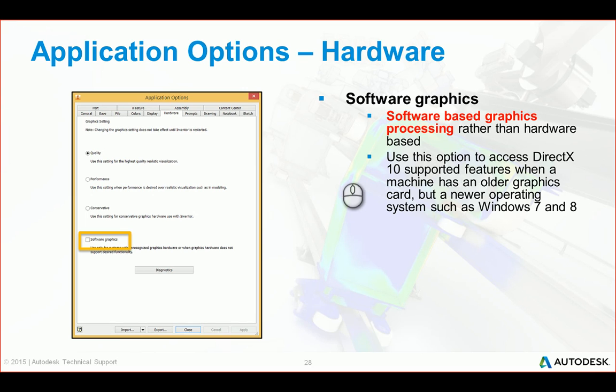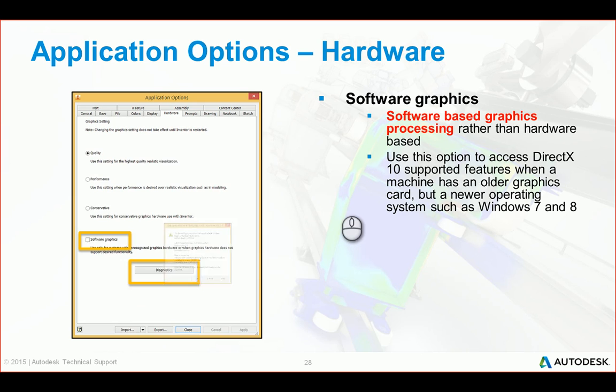You will see a performance hit on this. So you'll use this for diagnostics purposes or getting Inventor to run on lower end hardware. And there's times when we request diagnostics information.